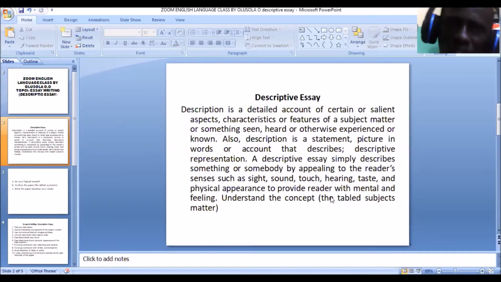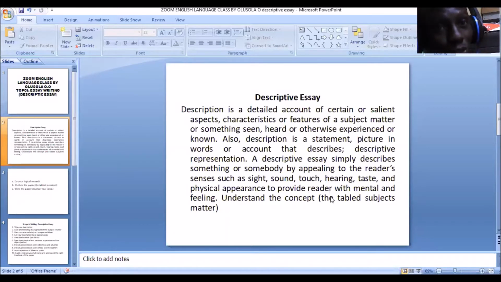So that is description. The main essence of a descriptive essay is to be sure that candidates sitting for the O-level exam have sound knowledge of description.